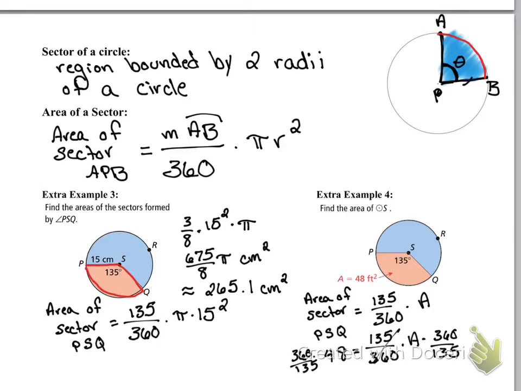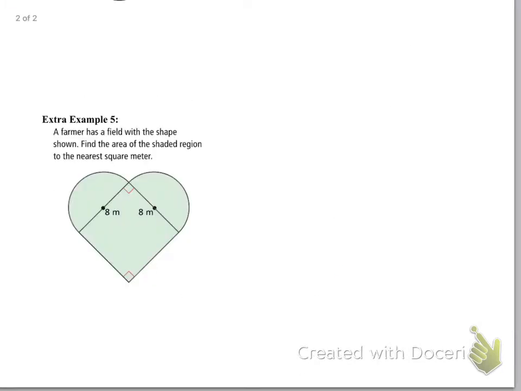These will multiply out, so my area would equal 360 divided by 135 times 48, which is 128 square feet for the whole entire thing. So there we talk about areas of sectors, and again, a sector is just a piece of a circle. I always like to think of it like a piece of pie. It's a piece of that circle. Okay, next one.